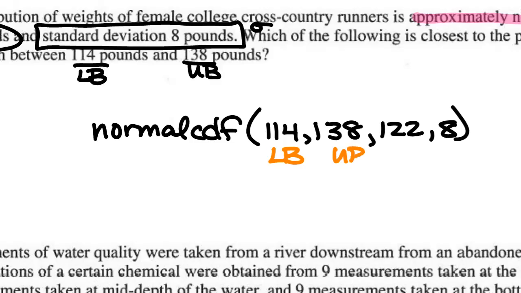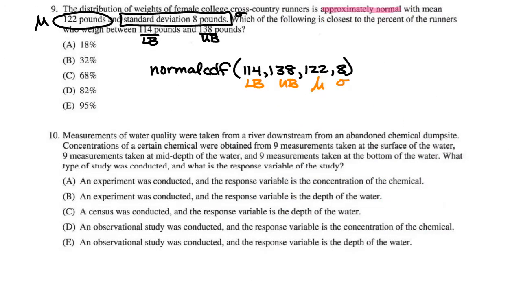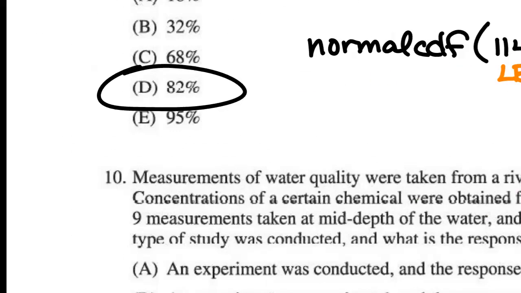Lower bound, upper bound, mean, and standard deviation. You can do this one using the empirical rule. It is more involved. The calculator is going to be much faster on a question like this, but you can solve this problem using the empirical rule. We end up getting 82%.